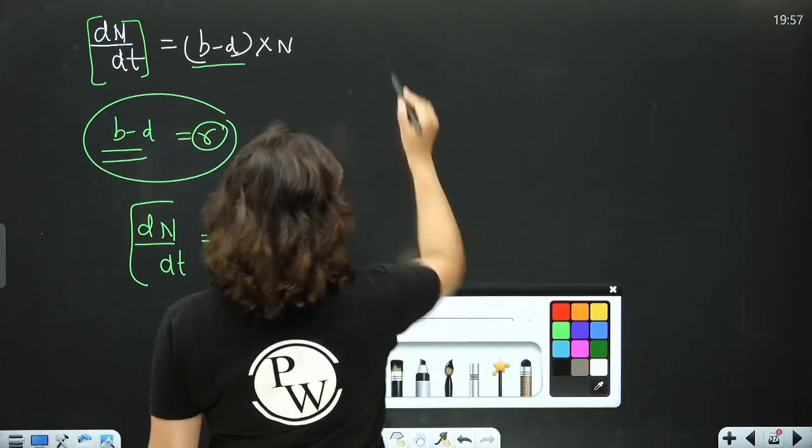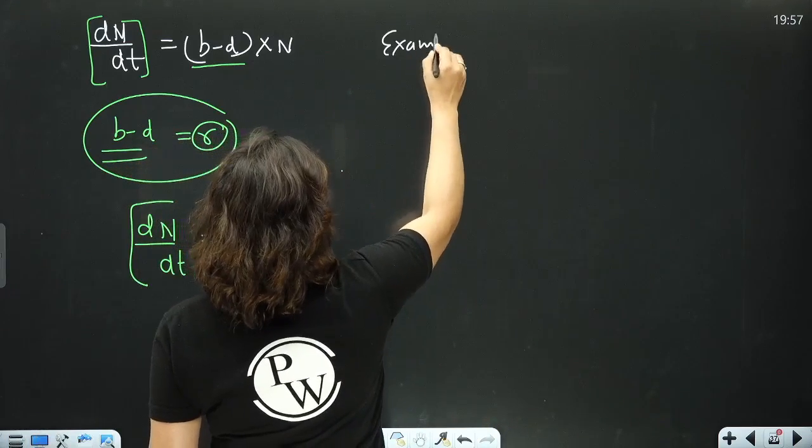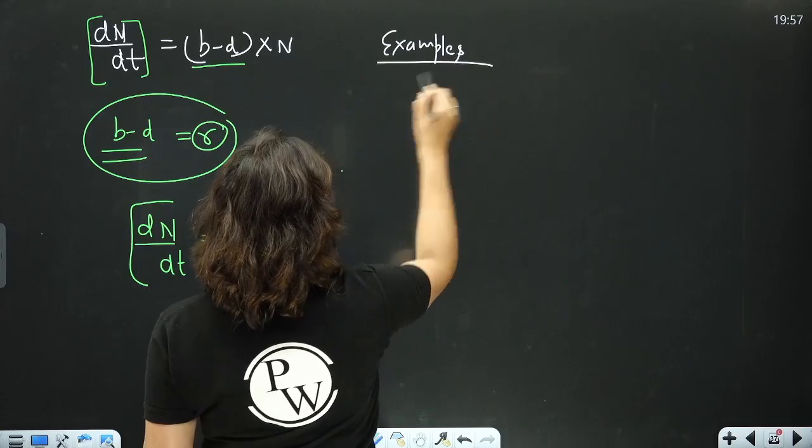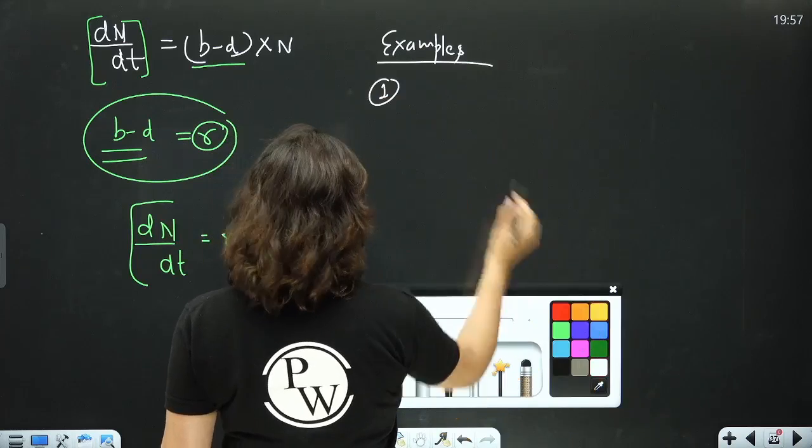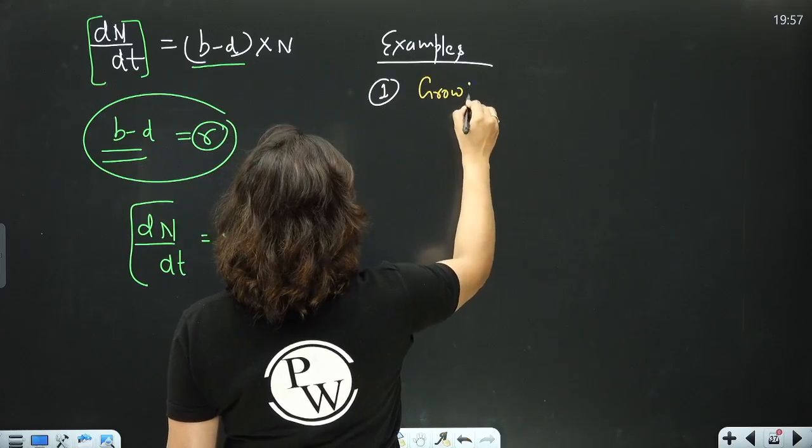So what are the examples that can be given to show the exponential growth? First example is the growth of insect population during rainy season.